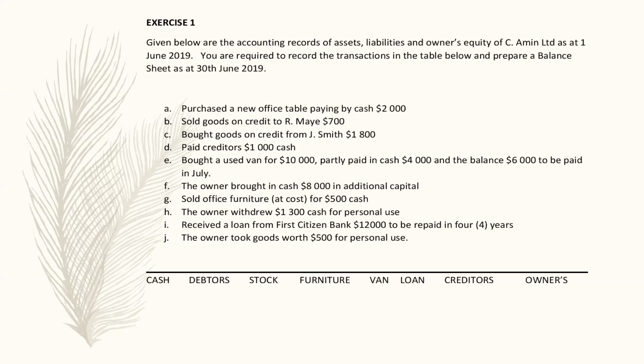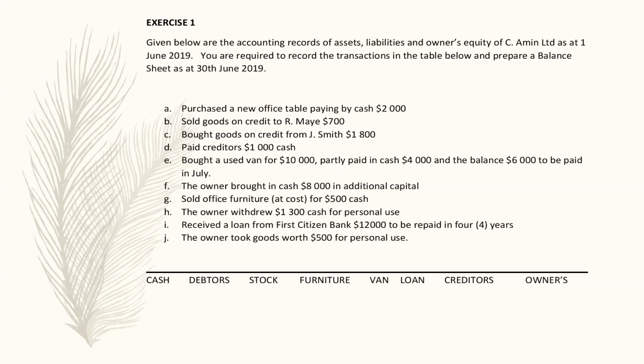So you're going to put plus $1,800 under creditor as well.